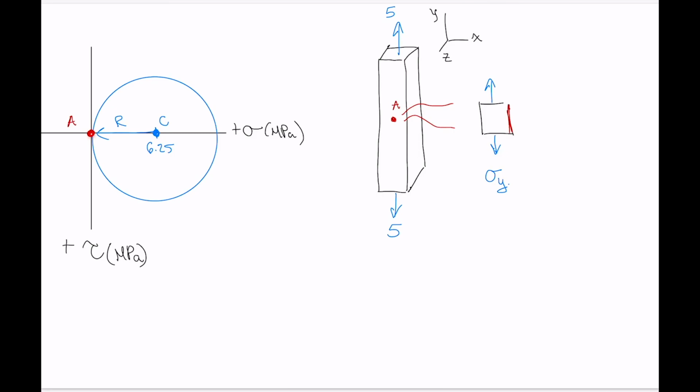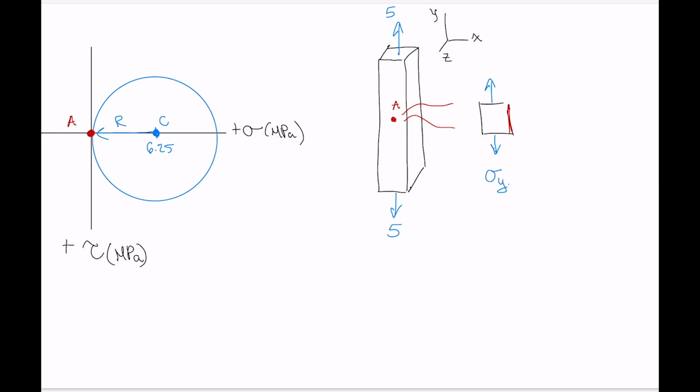And as you move point A, what you are doing is you are taking this element here at location A inside that object, and you are rotating that in the same direction as you move around the circle, but by half the angle. So, for example, let's just take the easy example here.